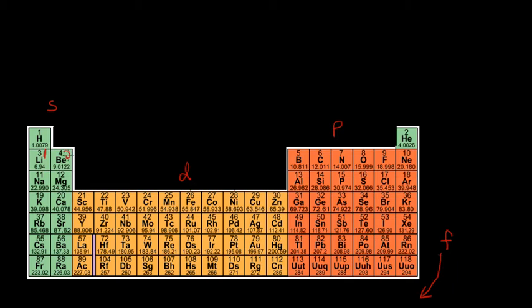This column represents the second electron. For p, each of these going across represents one of the 6. So this is p1, p2, p3, p4, p5, and then p6. And then d, that's going to be the same. d1, d2, d3, d4, 5, 6, 7, 8, 9, and d10.